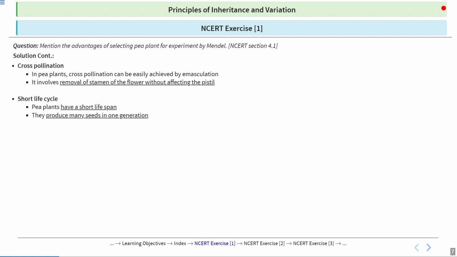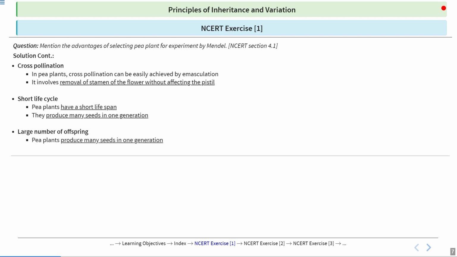You can study a lot of variations in the offspring, so you can easily study the inheritance. A large number of offspring are produced, and this enables robust statistical analysis.